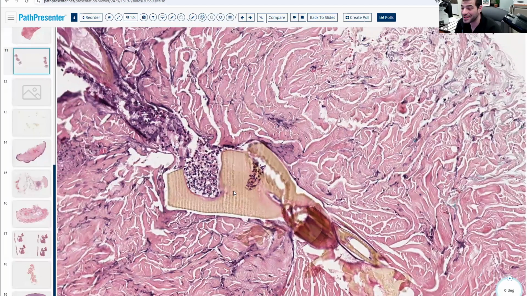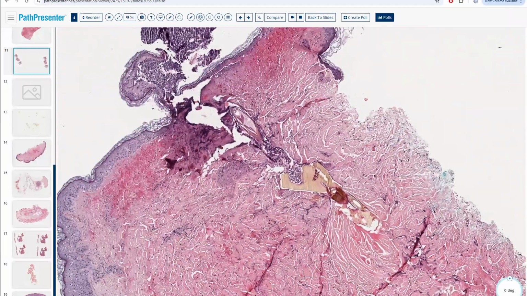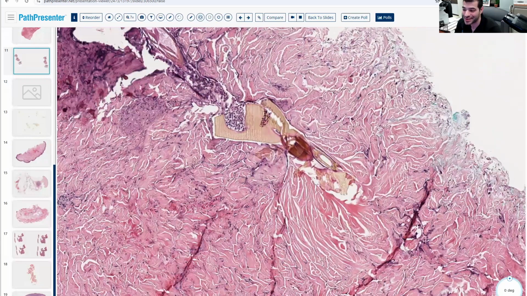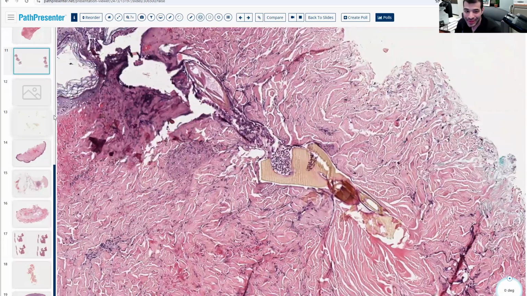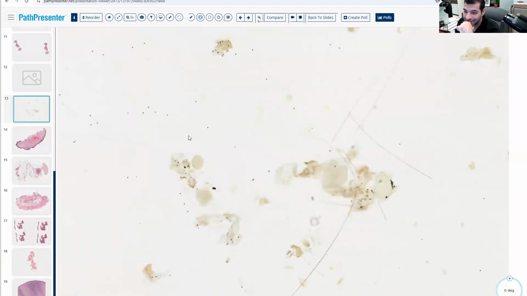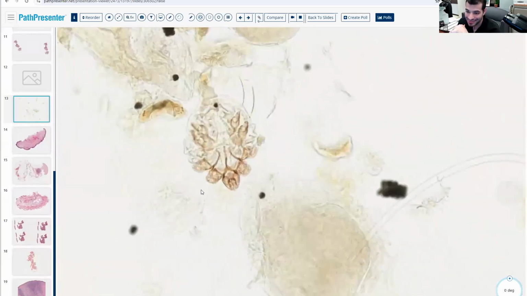It is literally the bug. It's part of the bug. Now, usually you don't see this. Usually you're lucky when you see this. Usually you just see the inflammation. Okay, what's this?